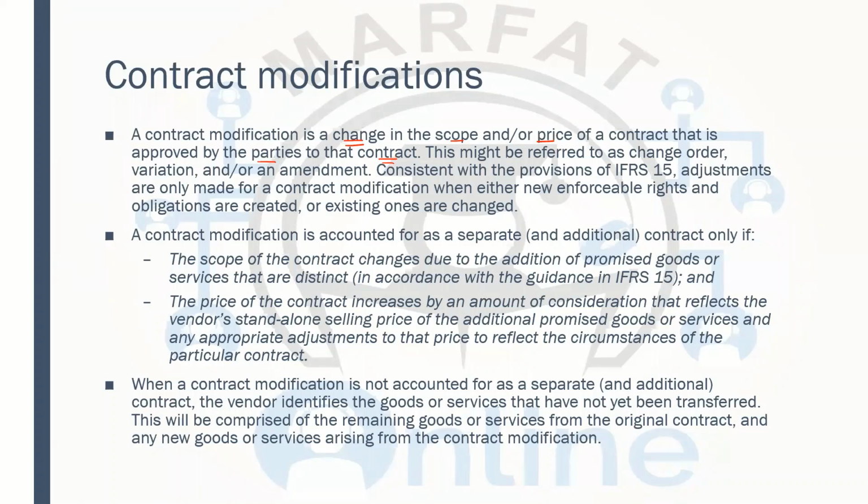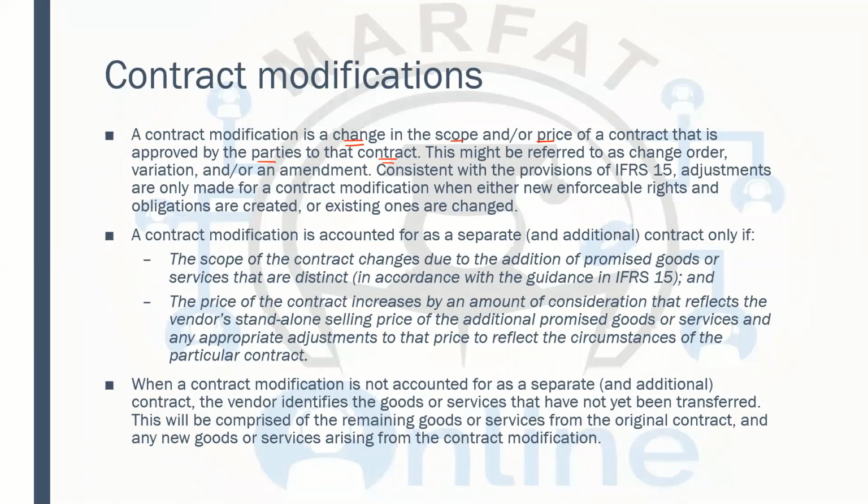This might be referred to as a change order, variation, or an amendment, consistent with the provisions of IFRS 15. Adjustments are only made for a contract modification when either new enforceable rights and obligations are created or existing ones are changed. Now, this is a very important point you need to understand. Say, for example, you are entering into a contract and later on you are changing the contract, you are doing some modification.